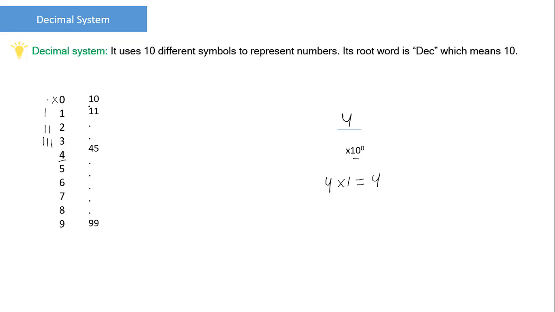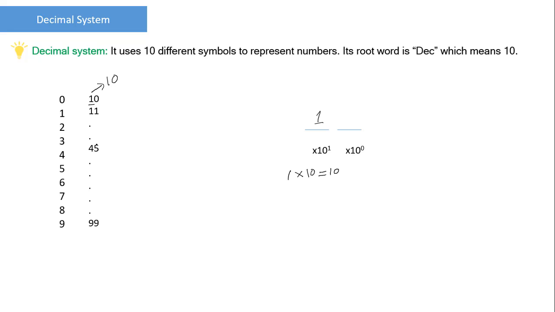In this case, this 1 and this 1 are not the same. The value of this 1 is 1 times 10 raised to power 1, that is 1 into 10, which is basically 10. So here the 1 represents the value of 10.